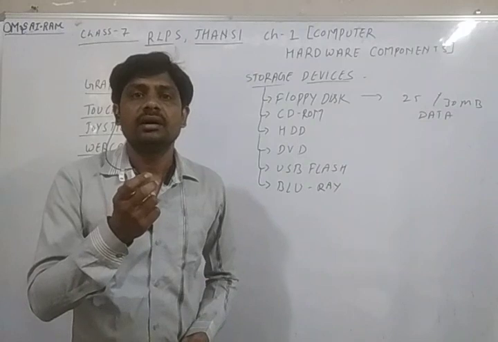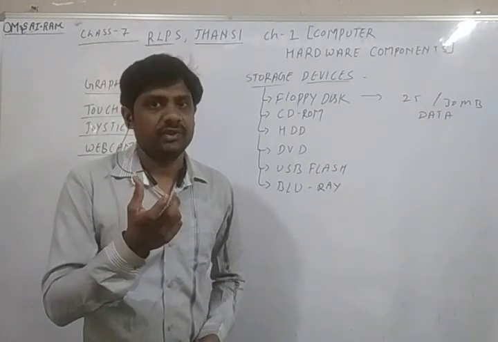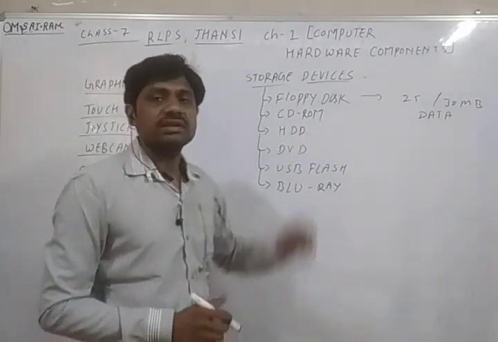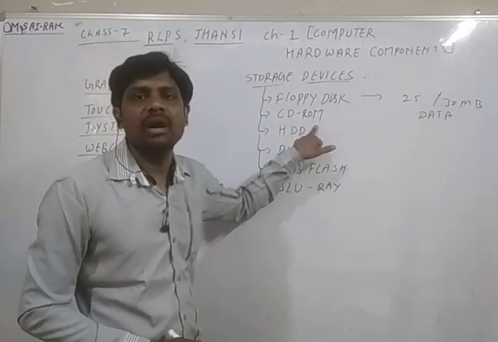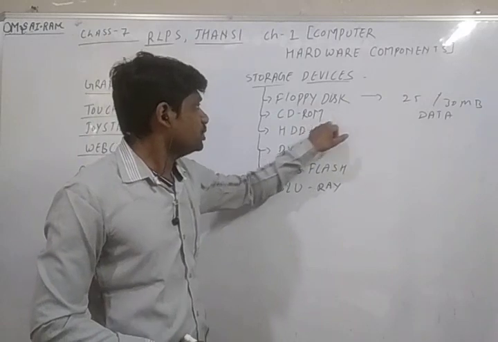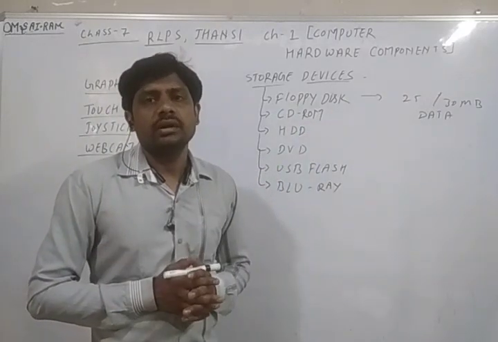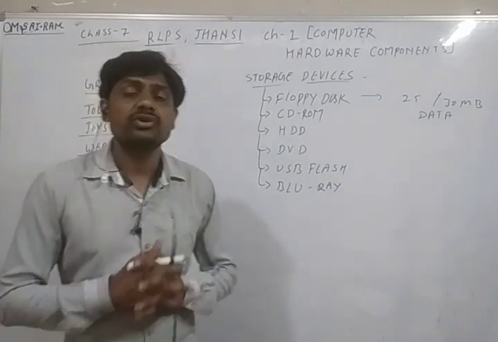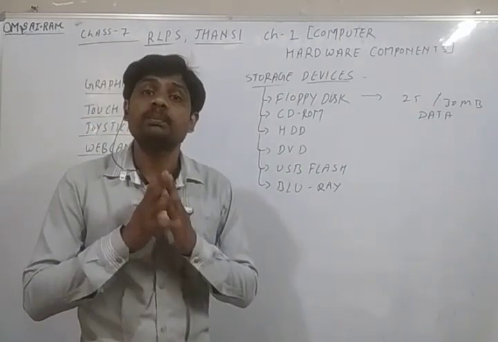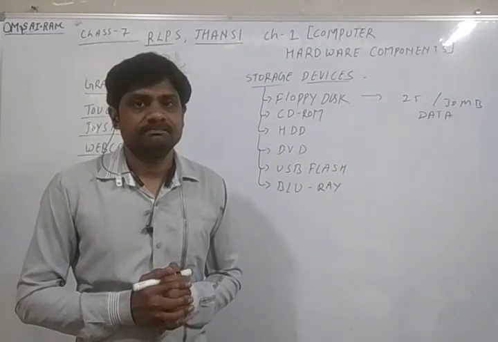That plate stores data. Okay. Now next is CD-ROM. Full form is compact disk read-only memory. So students, CD-ROM is also a storage device. In that device, we can store our data permanently. Right?